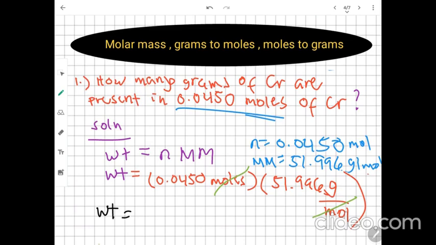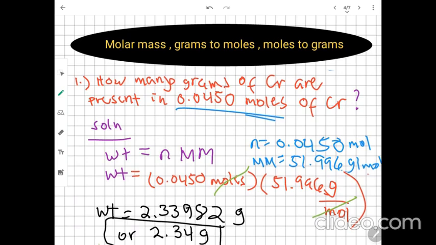So if you are asked to determine the grams, all you need to do is use the formula for weight. The answer here is 2.33982 grams, or 2.34 grams. So this is your final answer, 2.34 grams.